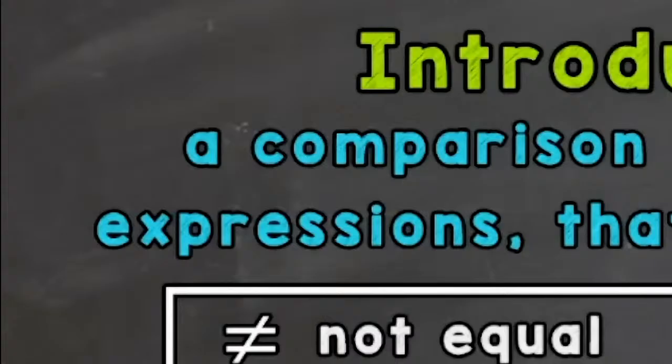So anything greater than 7 would work. So we could do 8, 52, or 100. Again, an infinite amount of solutions there. Now 7 is not included because that is just a less than sign. It's not an or equal to.